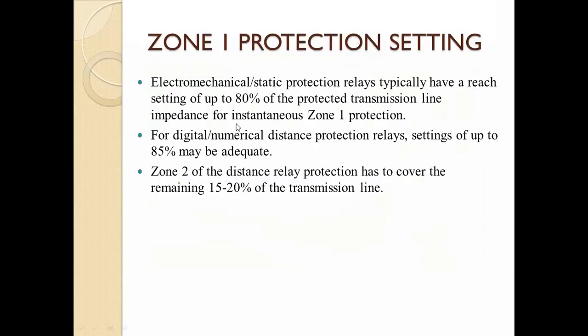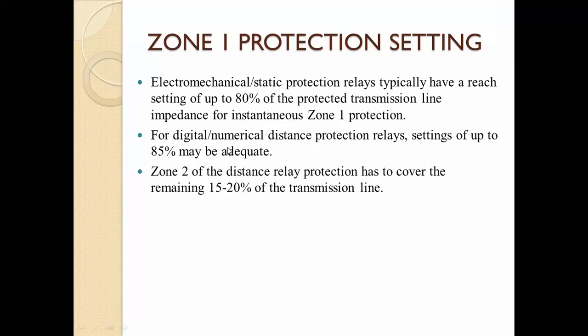Electromechanical or static protection relays typically have a reach setting of up to 80% of the protected transmission line impedance for instantaneous zone 1 protection. For protecting that area instantly, we consider 80% of that particular section.